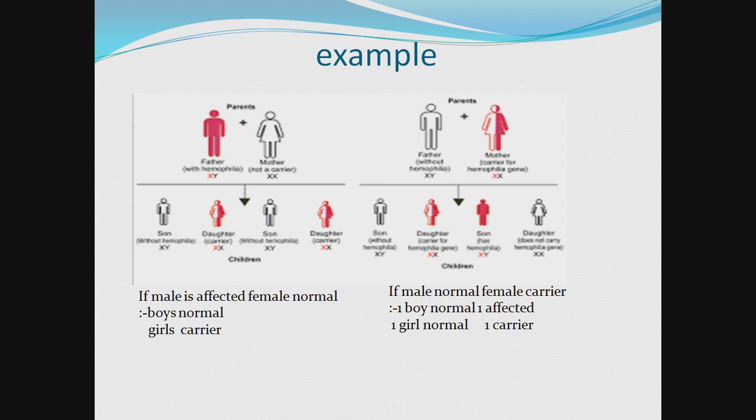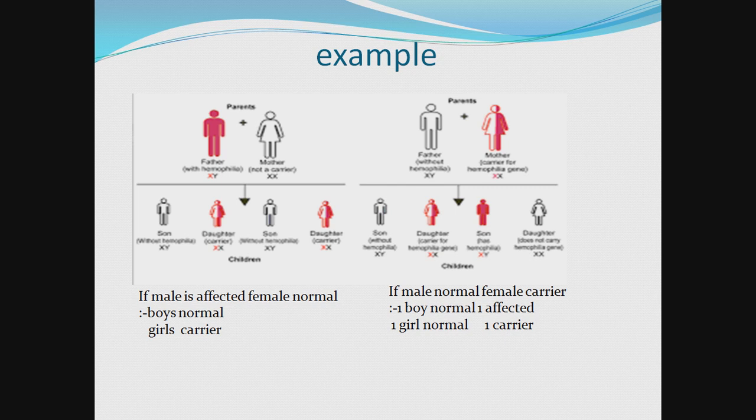But here the mother is normal, not a carrier, not affected, perfectly normal. If there is a cross between these, we can make a checkerboard with X and Y. First one will be XX, that will be a girl, as one X is from the father and one X is from the mother. As 2 X's are there, the normal X can dominate it.